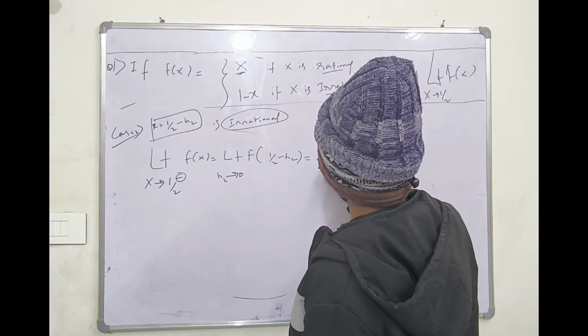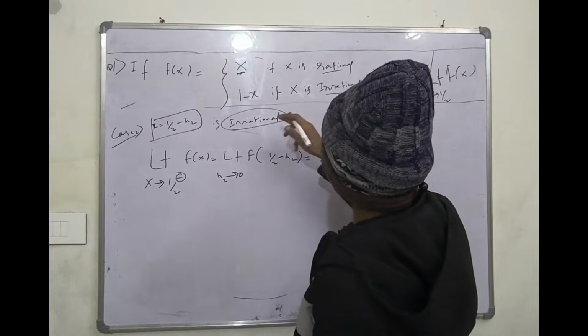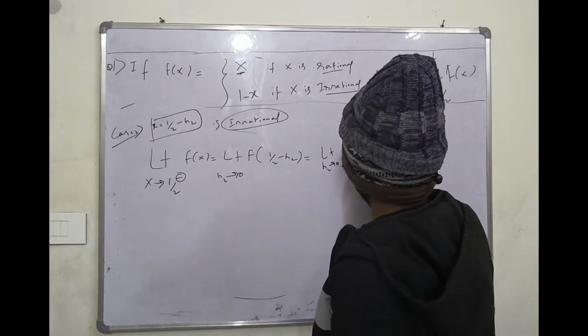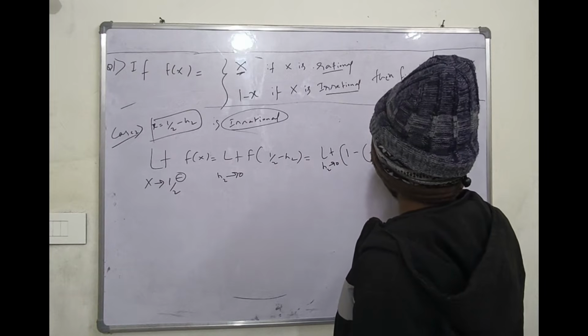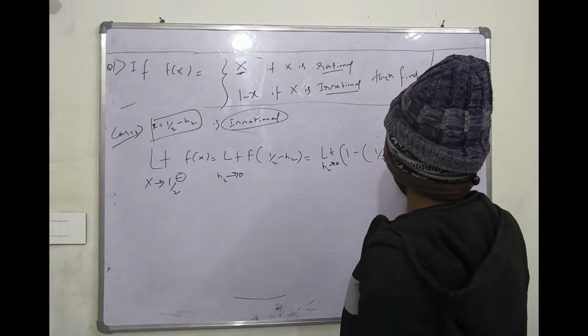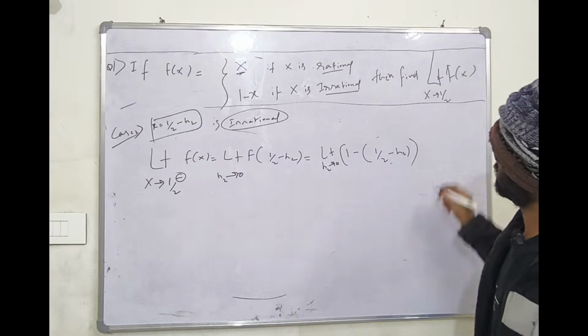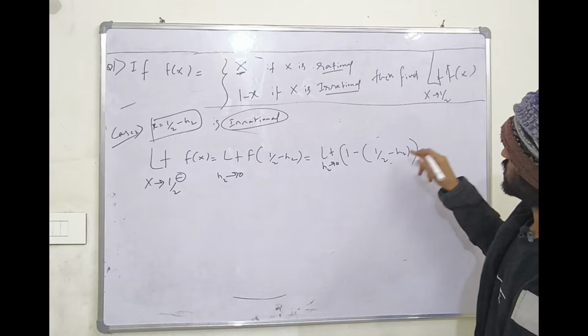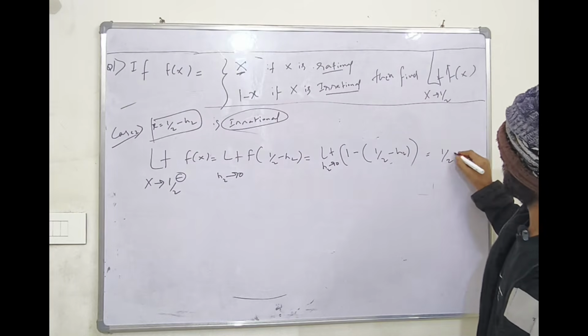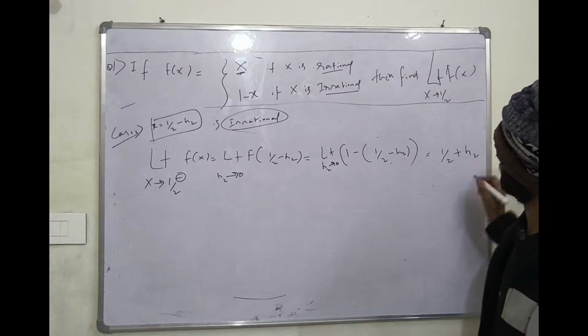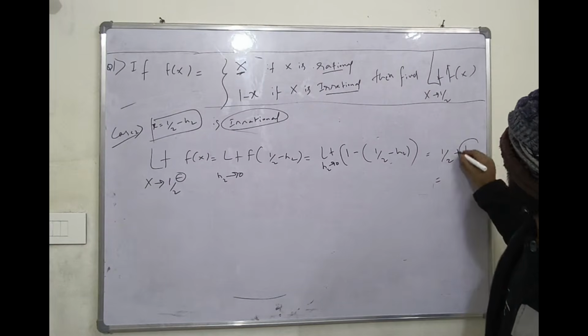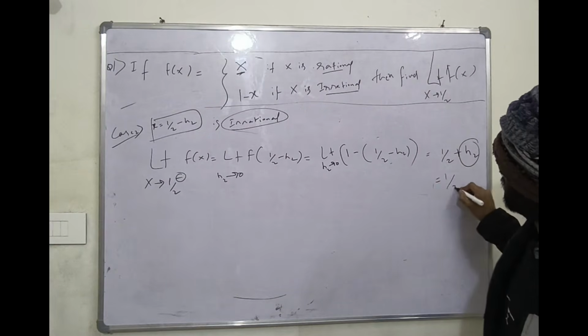So limit h2 tends to 0, it is 1 minus, 1 by 2 minus h2, what point, 1 minus 1 by 2 is 1 by 2 plus h2, and this is tending to 0, so this value is 1 by 2.